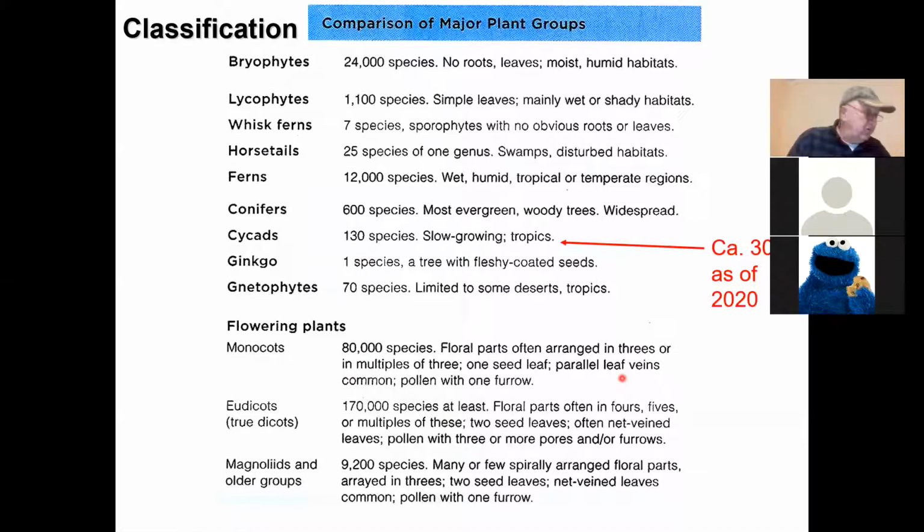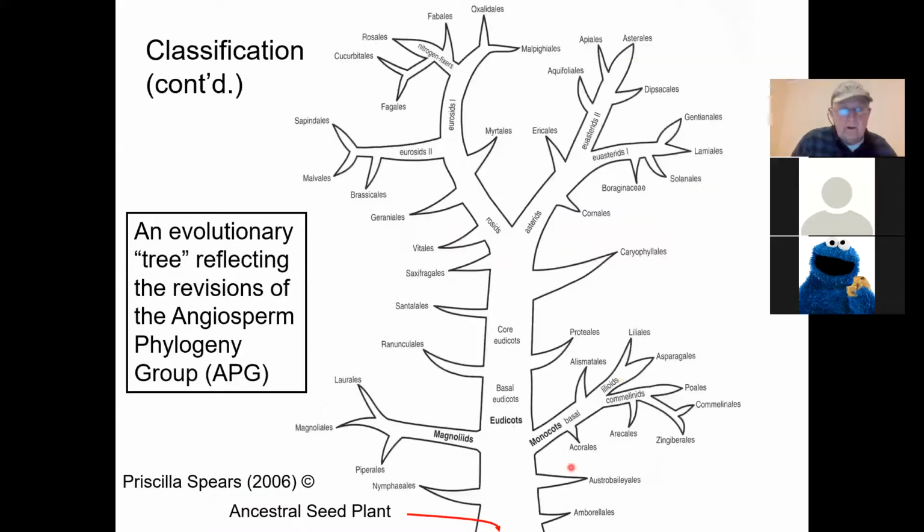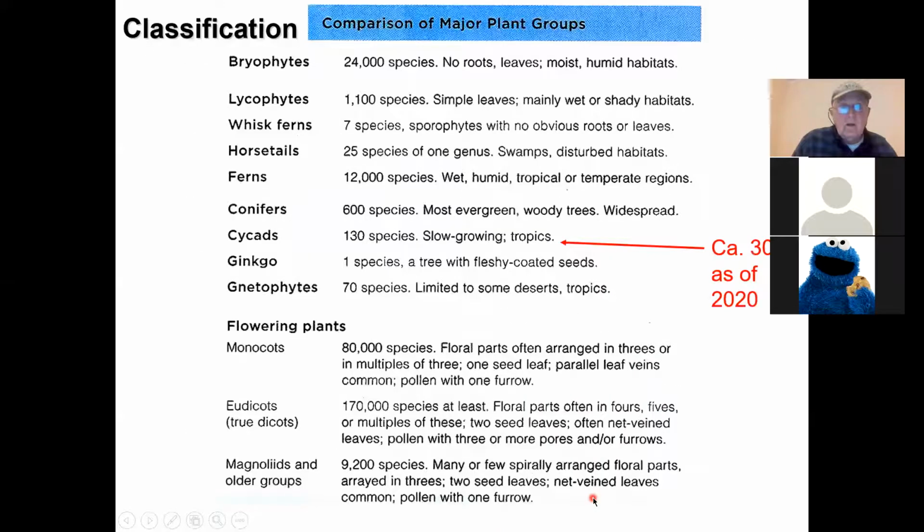Now, getting closer to the end here, this goes back to this basal angiosperm concept, okay? All right, what we got here is the classification of major plant groups. This is a classification in outline form.